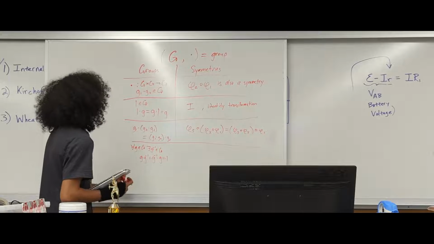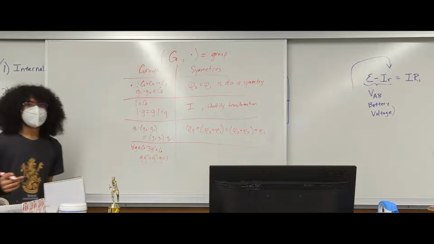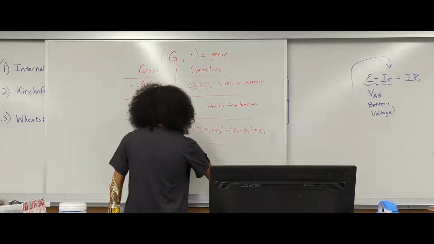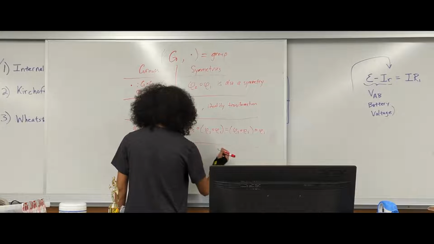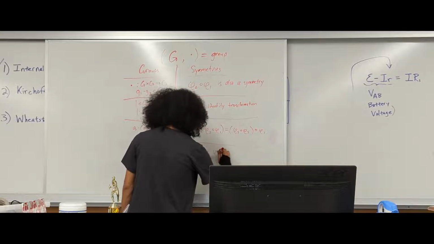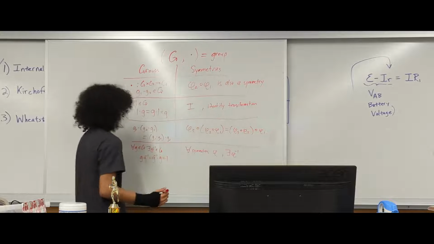Sure. And then for symmetries, this was our condition that every symmetry transformation must be invertible. So let me just write this a bit informally. For all symmetries phi, there exists an inverse function to phi that I call phi inverse.